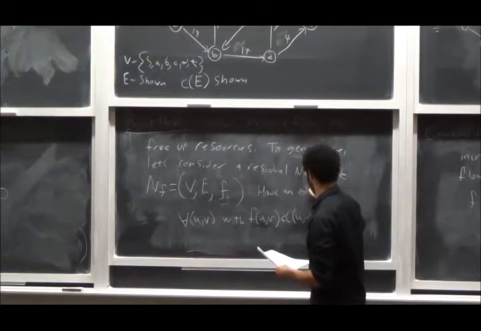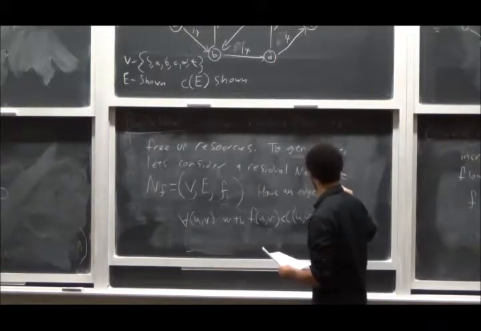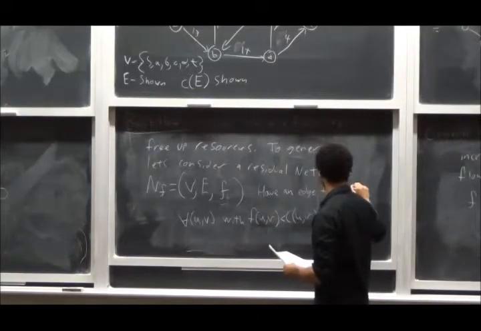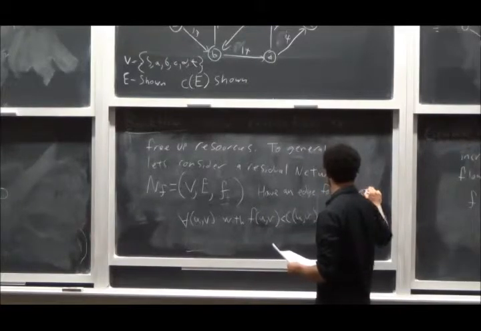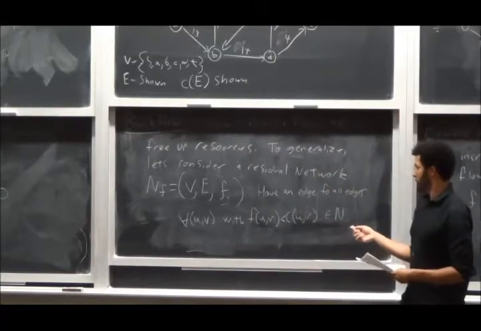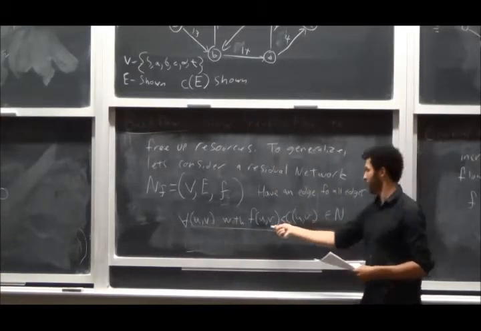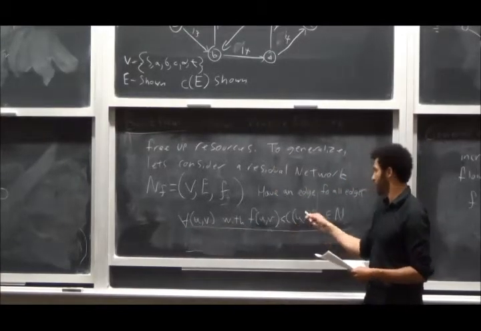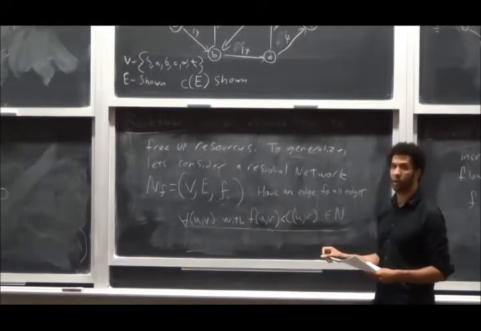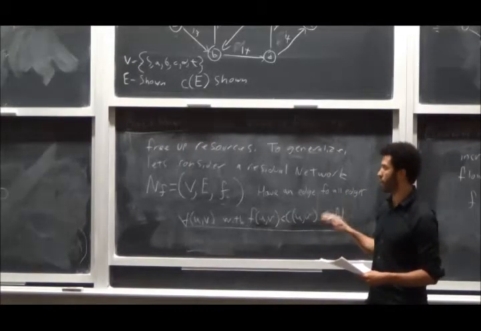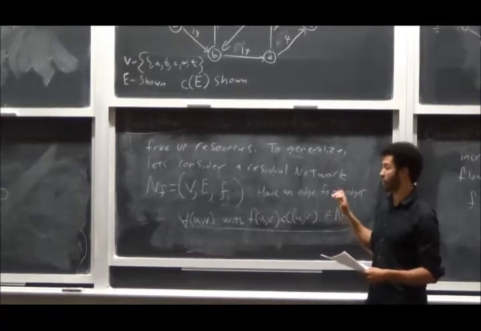And I'll draw an example in a second. So every edge that has some latent capacity or some residual capacity, we want it in our residual network. So we just want to generate a picture in another network of sort of options we have.